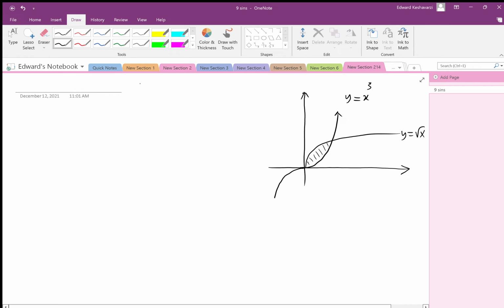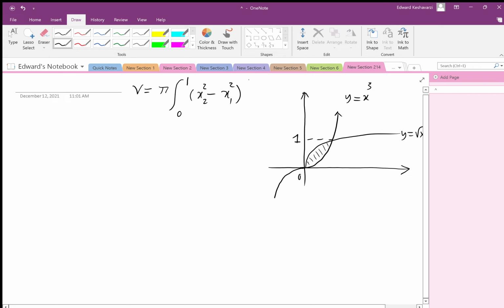So the formula, as you know, is pi integral from 0 to 1, which is the intersection point. I leave it to you to consider how the intersection is 1. x2 squared minus x1 squared dy. So we need to isolate x's in terms of y. So which x is farther away from the y-axis?